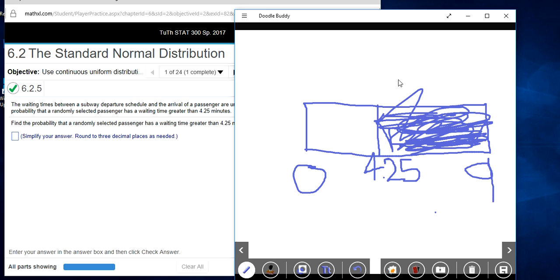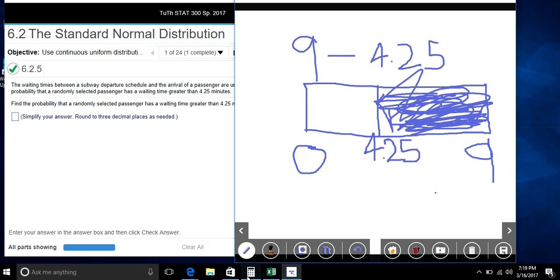So we know that the entire distribution is always equal to 1. So the probability from 4.25 that's greater, up to 9, we'll simply do 9 minus 4.25.